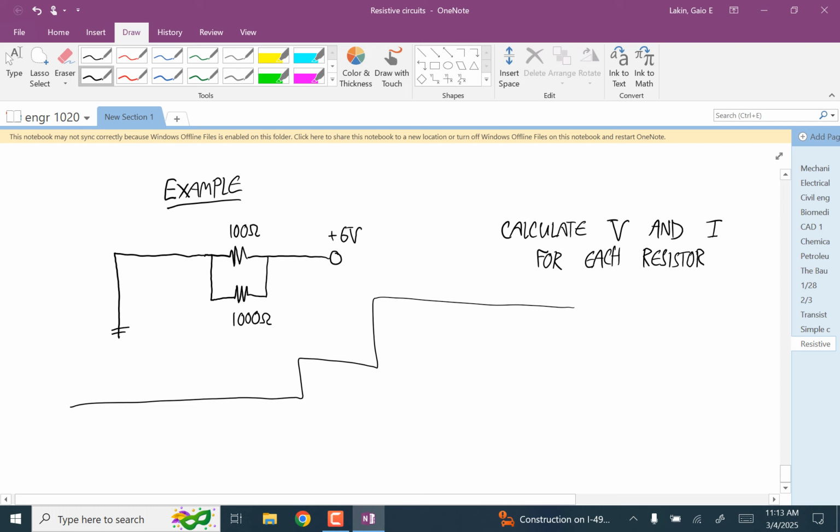Well, your first job is to recognize that these resistors are in parallel. So notice that once you get to this junction here, electricity can either go across the 100 or it can go across the 1000, but it can never do both.